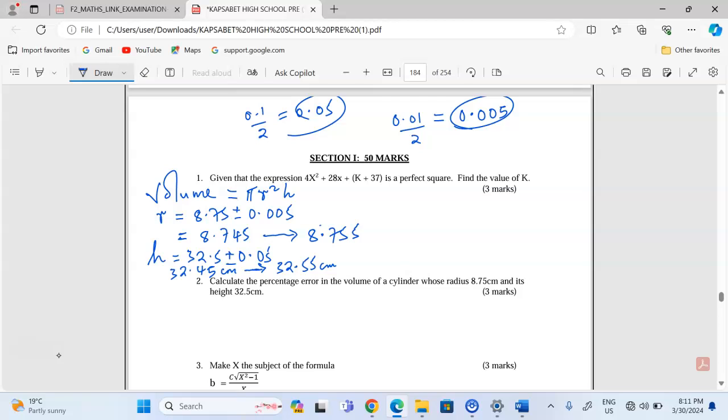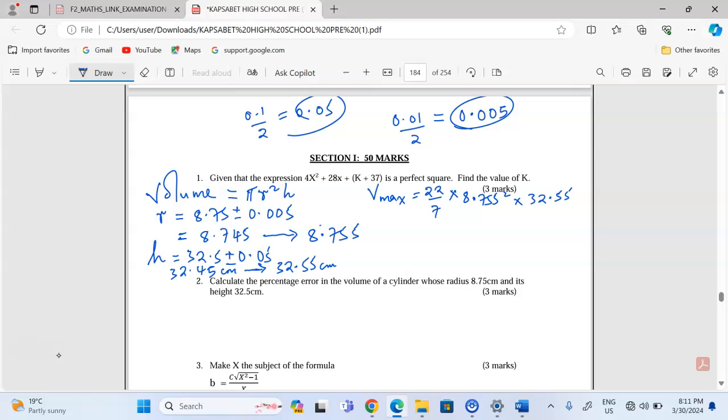Now we can go to the volume maximum, which will be given by pi, 22/7, multiplied by the maximum radius being 8.755 squared multiplied by the maximum height being 32.55.